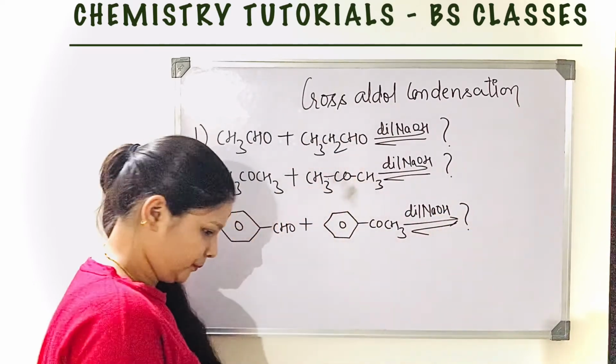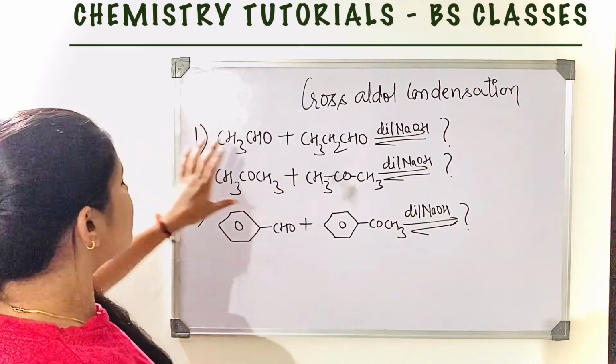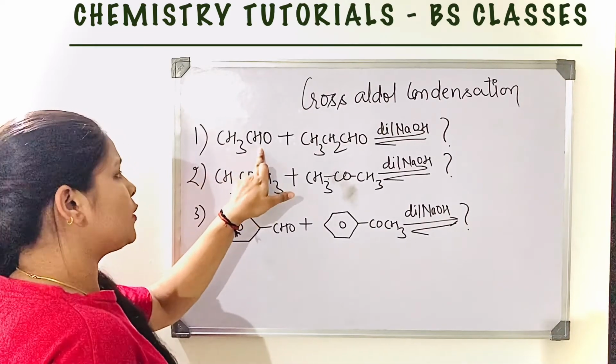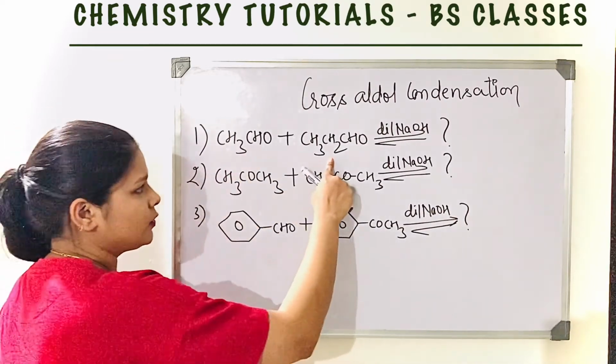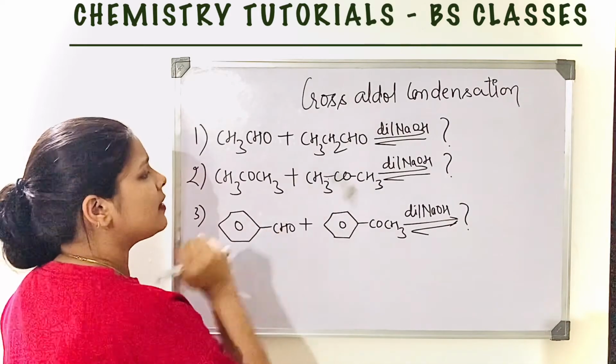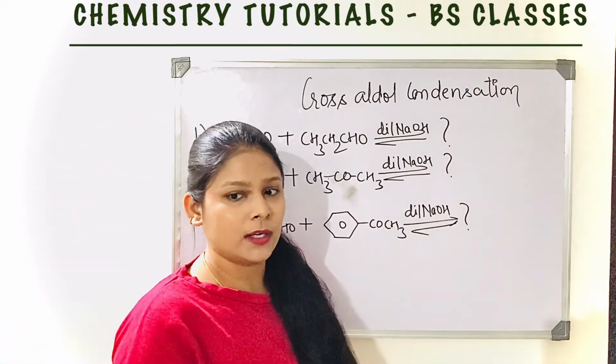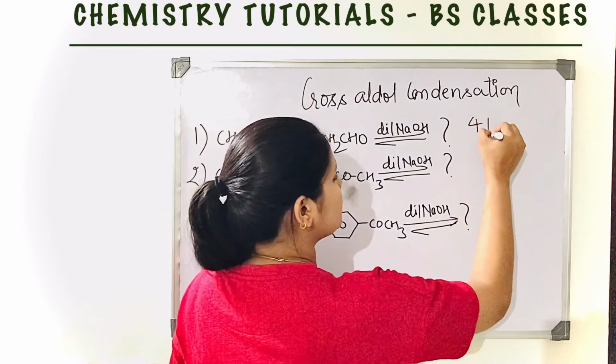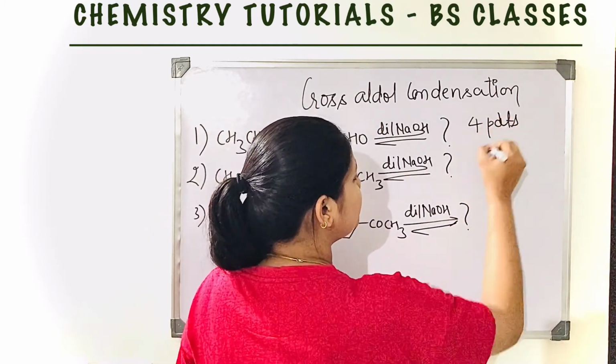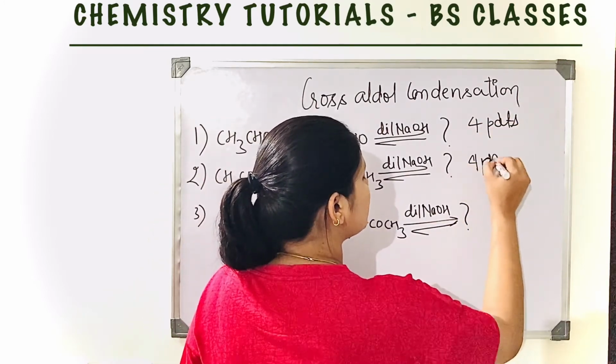Now in these cases, this aldehyde also has alpha hydrogen, this is also having alpha hydrogen, both the ketones are having alpha hydrogen. That means there is formation of more than one product. Total 4 products here and 4 products here.